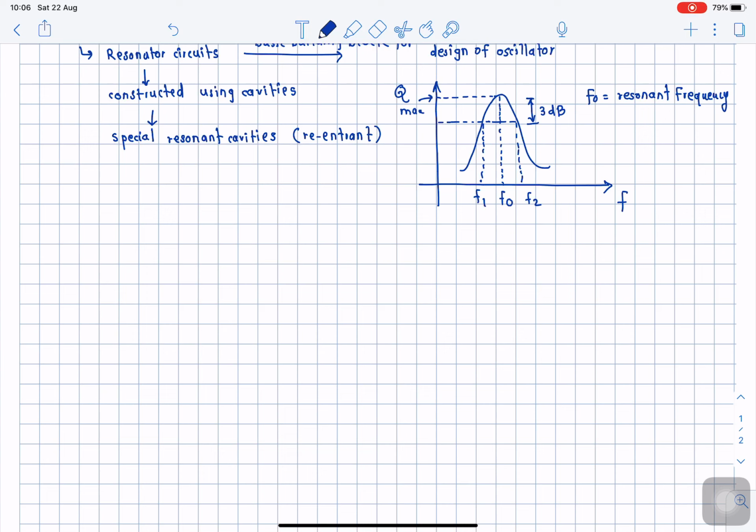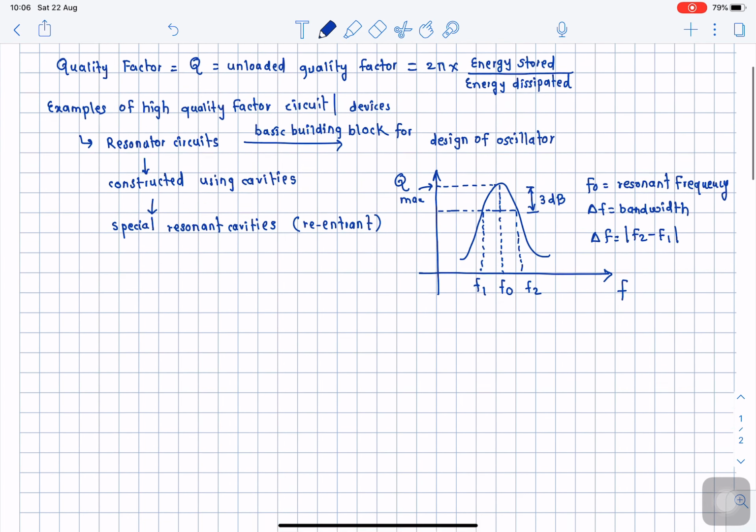Delta F we call the bandwidth, and this delta F is equal to the absolute difference between these two frequencies, where F1 and F2 are the 3 dB frequencies of the frequency response of the resonator circuit, right?